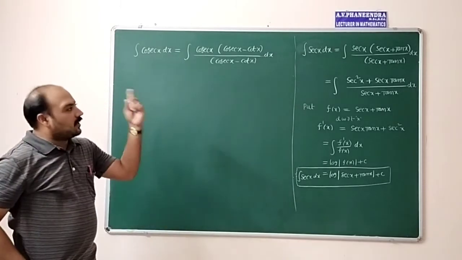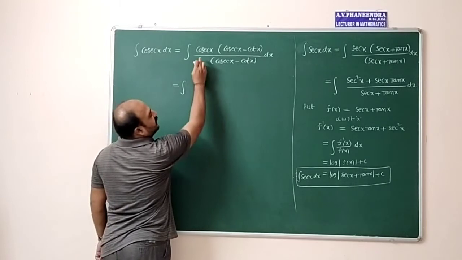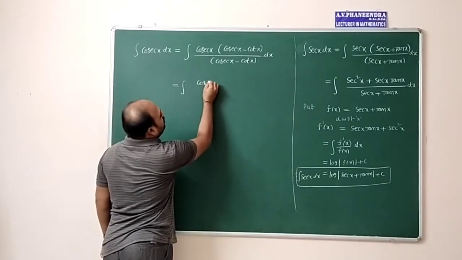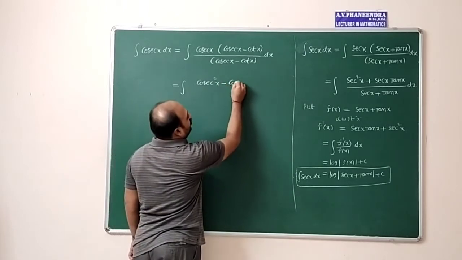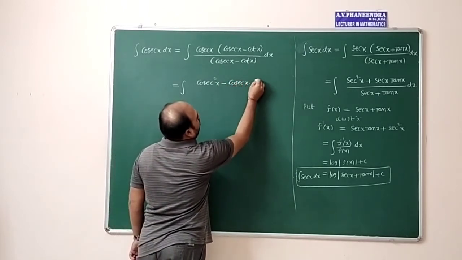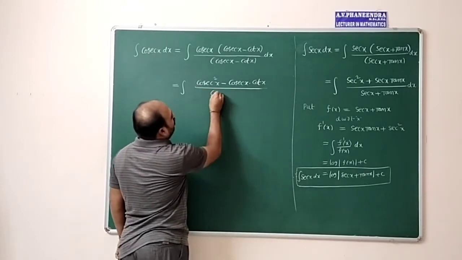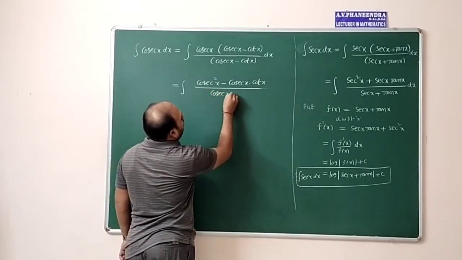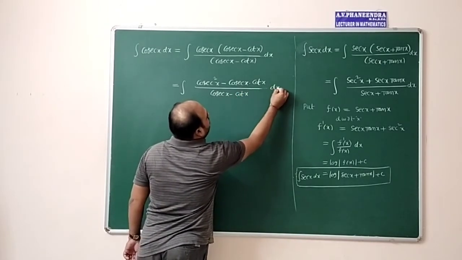Now the actual multiplication in the numerator: cosecant x into cosecant x gives cosecant square x, minus cosecant x into cot x, divided by cosecant x minus cot x into dx.